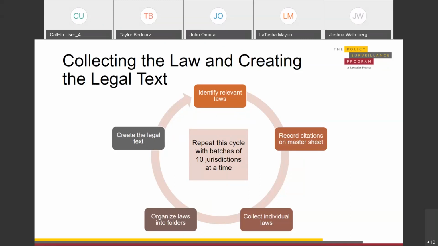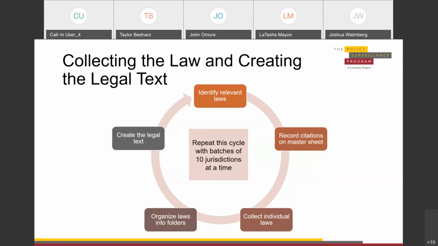Alternatively, if we did all 51 jurisdictions at one time and we realized later on in the process that we need to adjust our questions or add an answer choice, which would then impact our collection scheme and what exact laws we're collecting, we would have to go back and research every jurisdiction all over again. Doing it in 10 jurisdictions at a time allows us to deal with those issues as we come to them and make the process easier as we get to the later batches of jurisdictions.